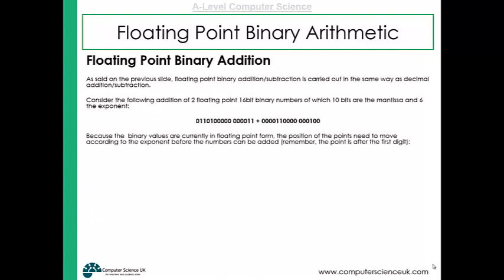So we need to make sure that the decimal point is moved according to the exponent in each number, each value. So let's have a look at doing that. If we write that in a form that we recognise, 0.1101 times 2 to the 3 means move the decimal point 3 places to the right, so that becomes 110.1.